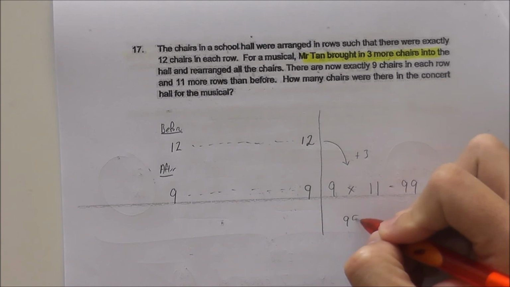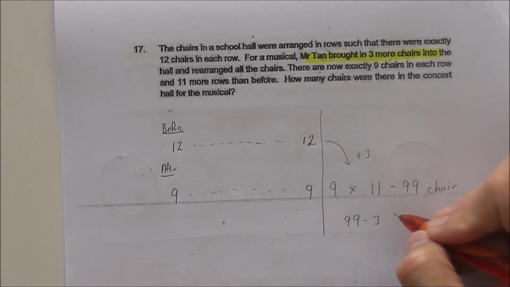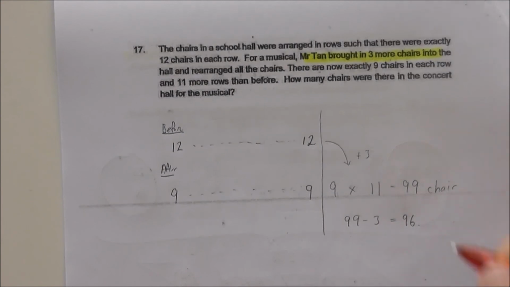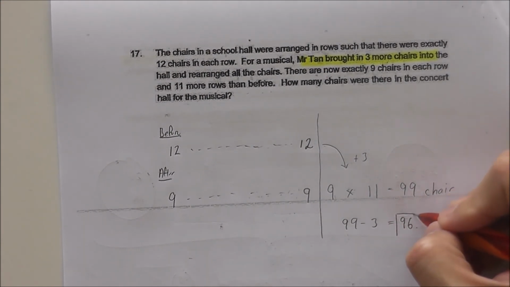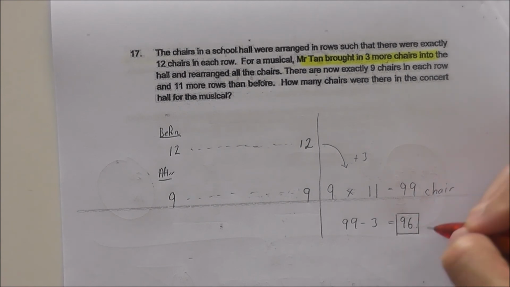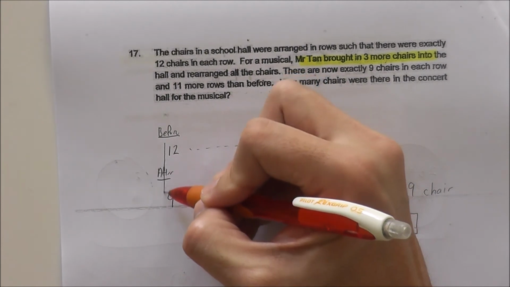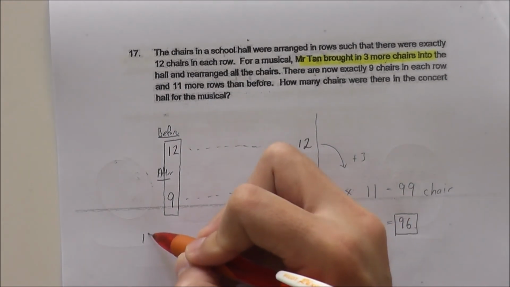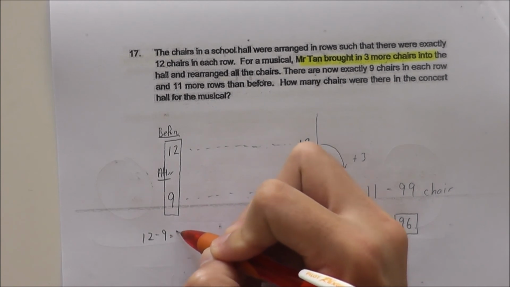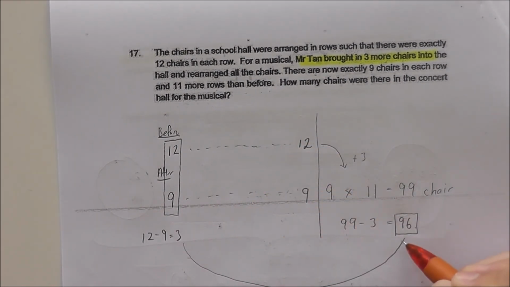So 99, I minus away 3 that Mr. Tan brought in, so I have 96. Guys, then this 96 chairs, where do these 96 chairs come from? They come from every single row, right guys? Now in every single row, can you see I take away 3? And this 3, of course, contributed to the 96 chairs here.